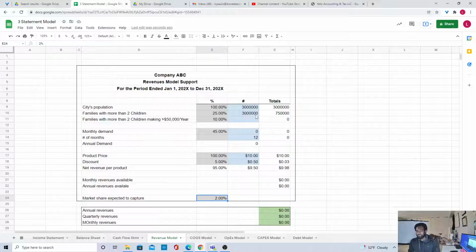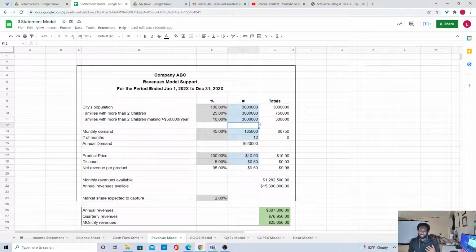I'm saying that from these 25% of the 3 million people, I'm really only expecting that 10% of these people will be able to make 50,000 or more per year. That is the income range that I'm comfortable with and confident that they will be more likely to buy my product.